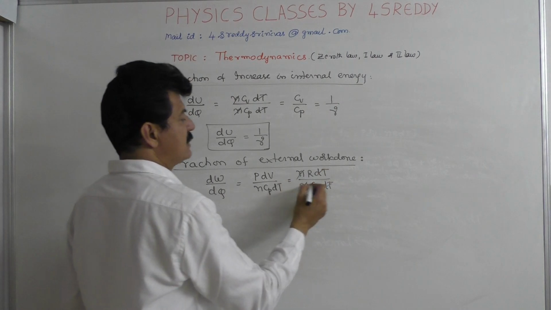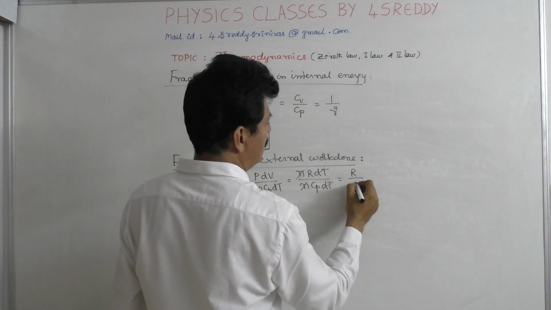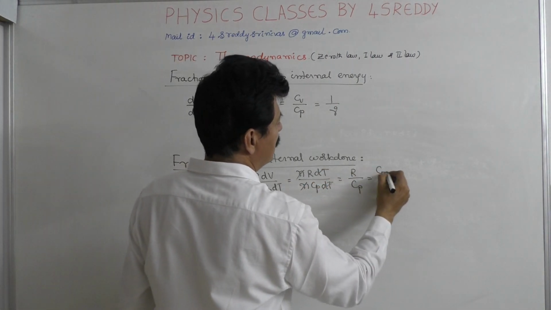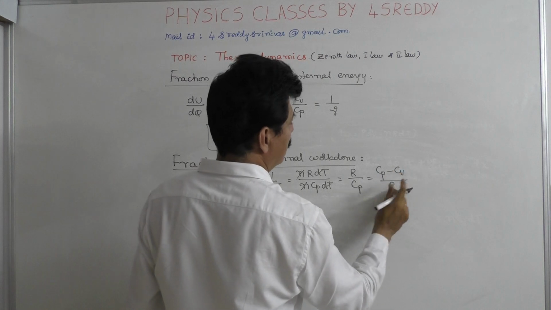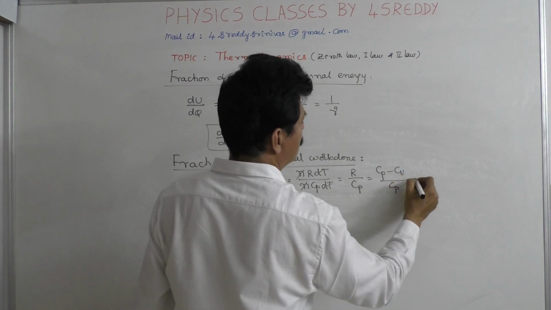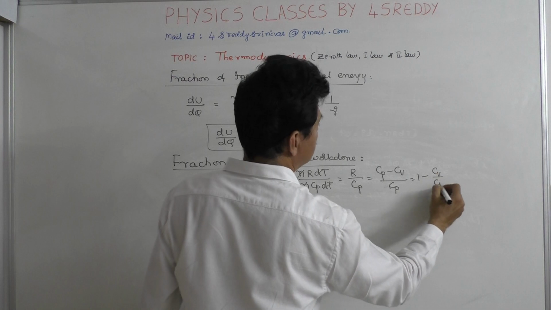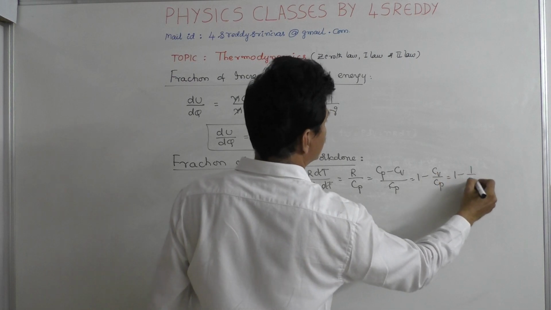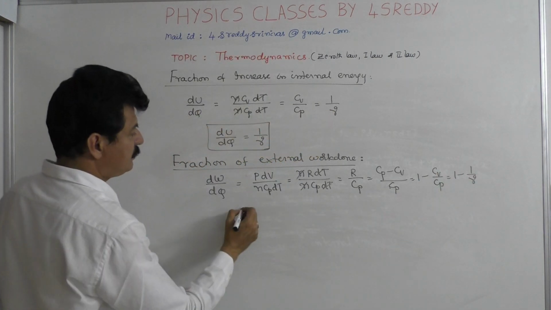These get cancelled. R by Cp, which is nothing but Cp minus Cv by Cp, that is 1 minus Cv by Cp, that is 1 minus 1 by gamma.